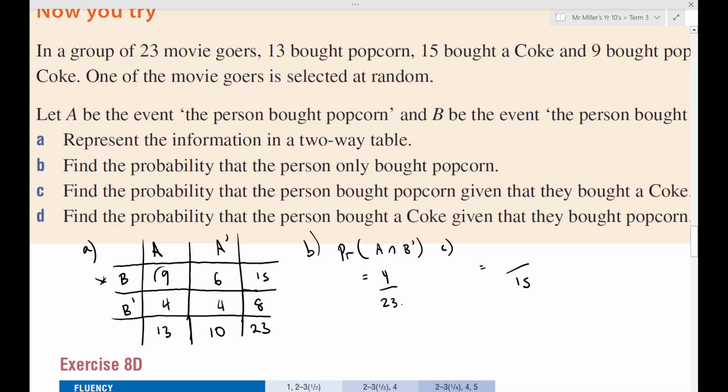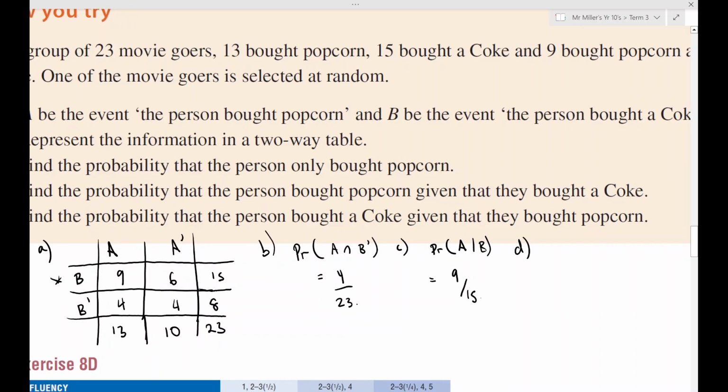Well, that's going to be these 9 people here, because these people, they didn't buy popcorn, as you can see, not A. So it's going to be 9 out of the 15. Sorry, actually, let me just set this up properly. So we're looking at the probability of someone buying popcorn given B, given they bought a Coke. And so we said that that was 9 in 15.